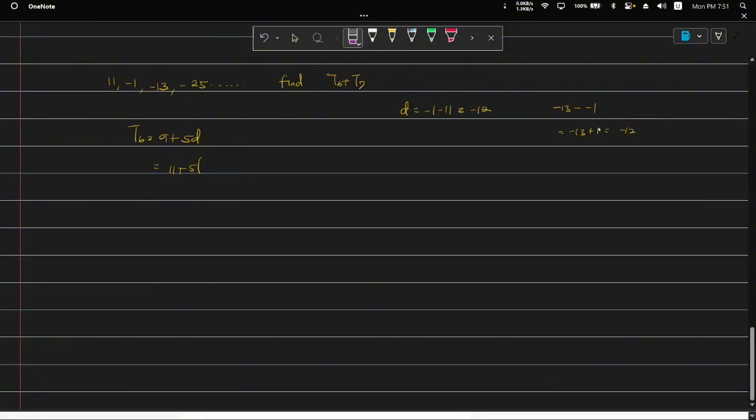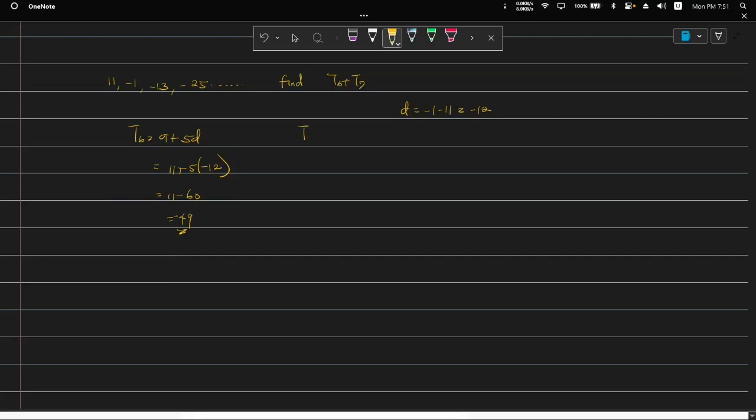So our common difference is therefore minus 12. Then I'm going to be having 11 plus 5 times minus 12, which should be minus 60. 11 minus 60 should be minus 49. And that should be T6.